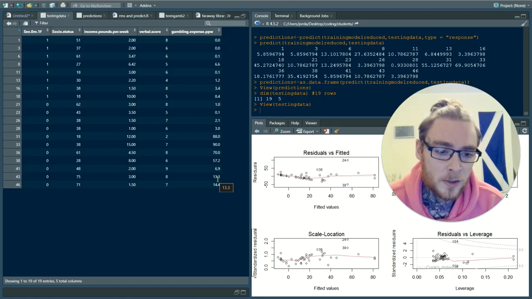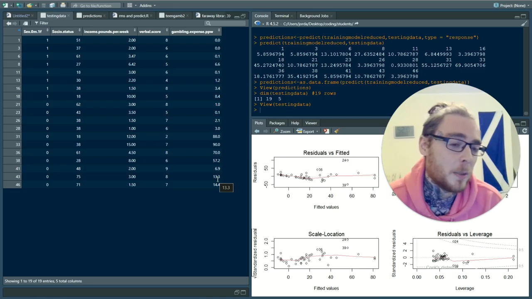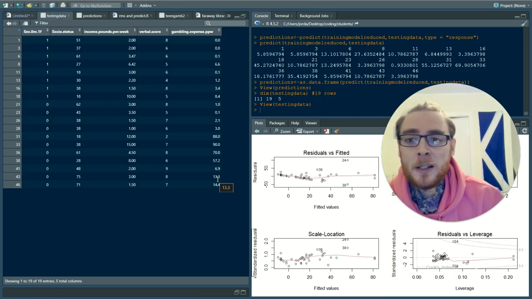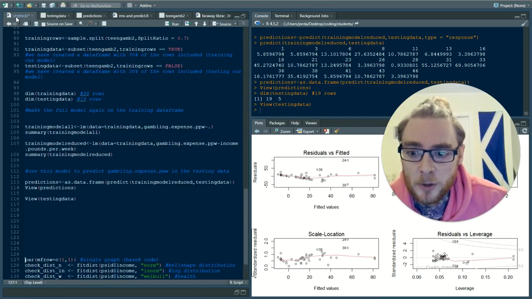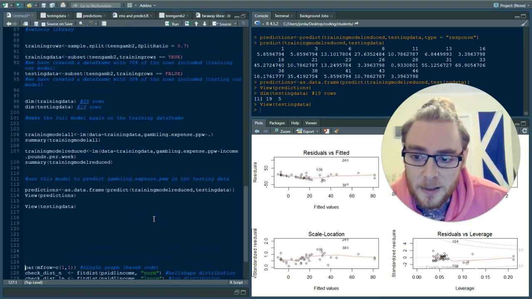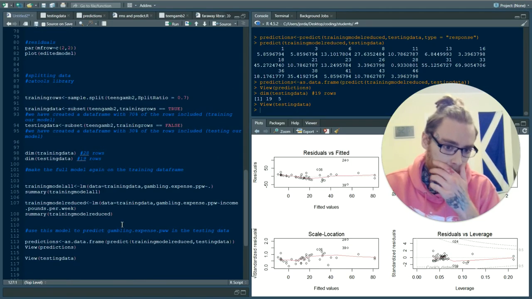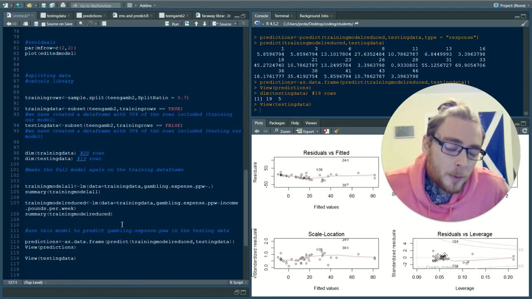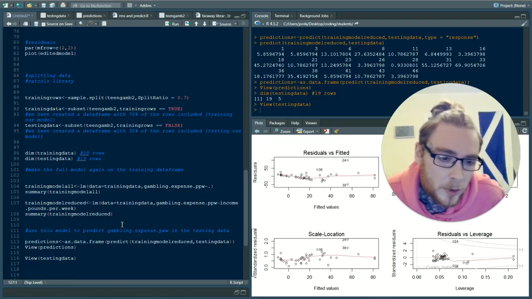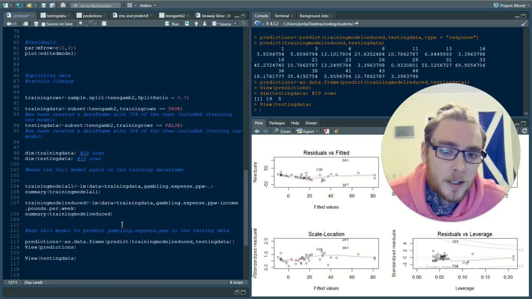If there are violations of a normality assumption, we would definitely check the distribution of the response column, and we could transform either the response column, the gambling PPW, or maybe even the predictor column, which is this one here, income pounds per week. Log transformation is normally my first go-to, but there are other types of transformations.